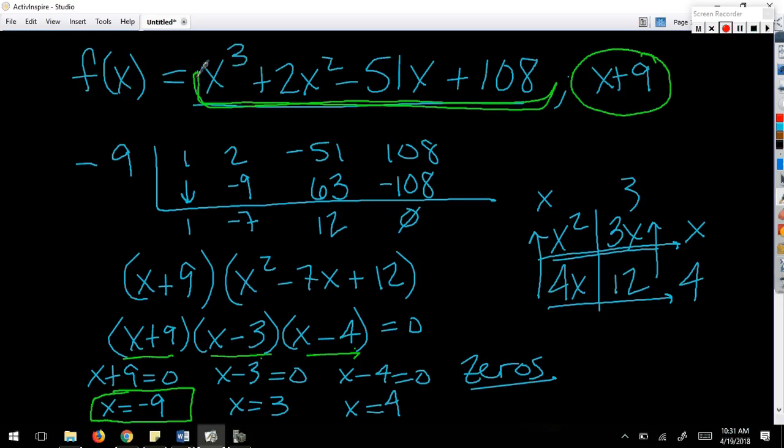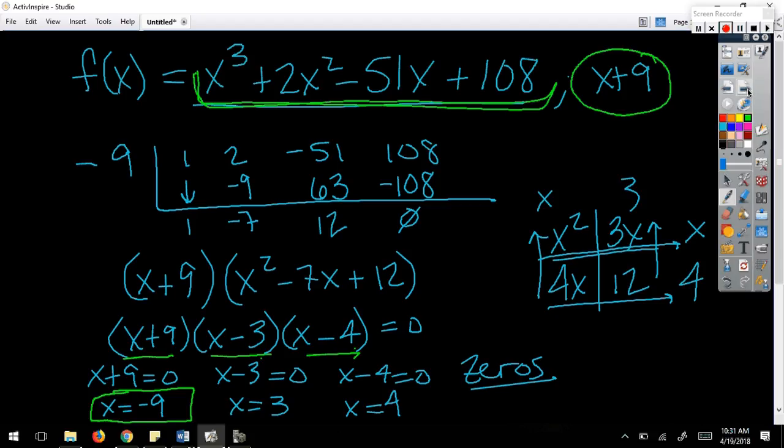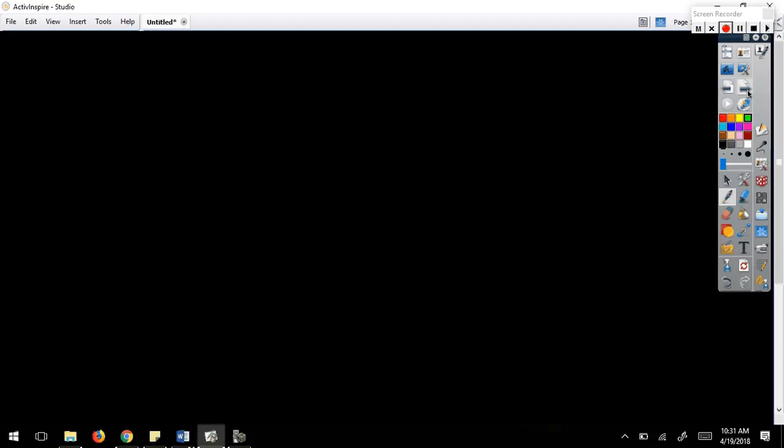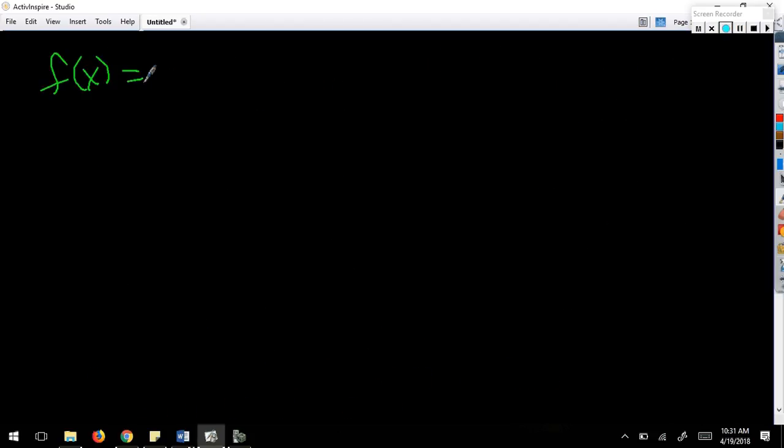Now here's where you have to keep straight what you have to do when. Now I'm going to give you a function. So this is the new stuff. Let's say x to the third plus 2x squared minus 9x minus 18.